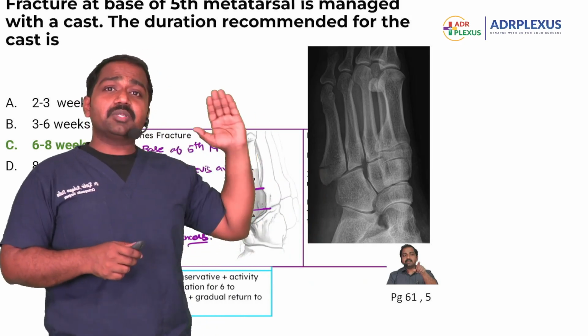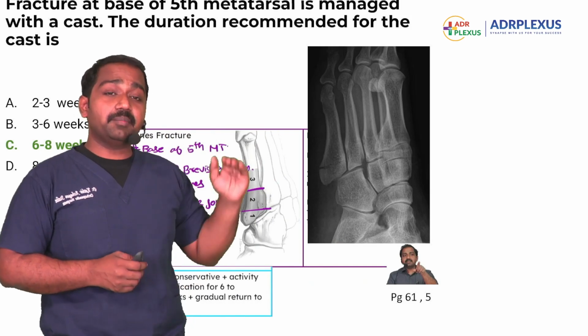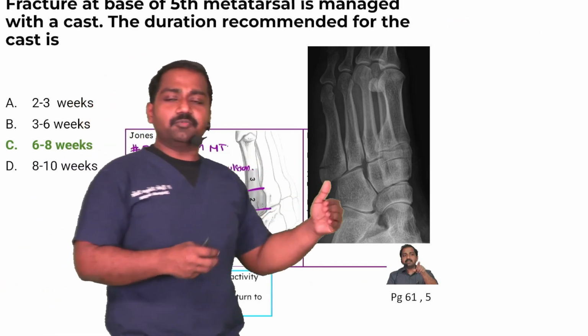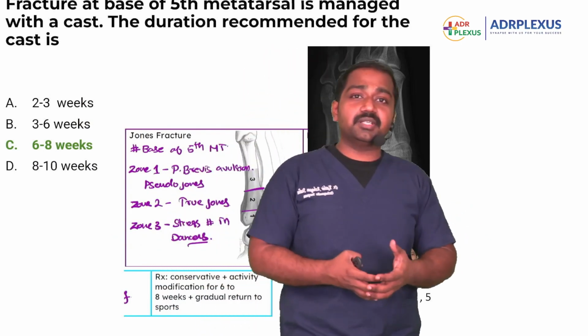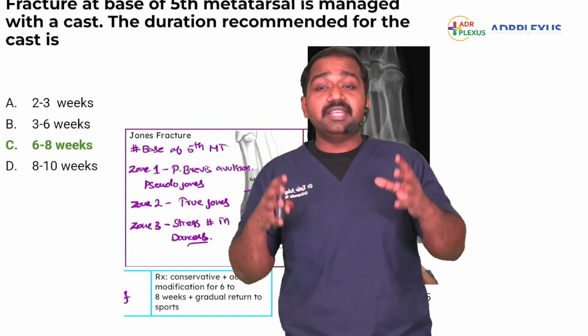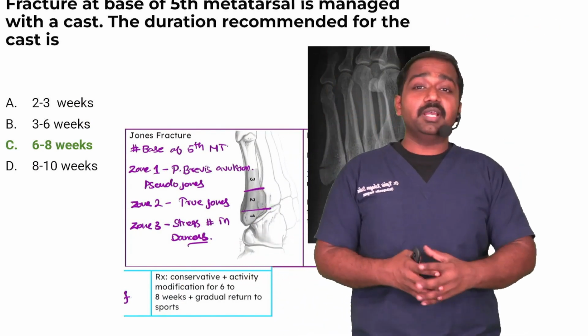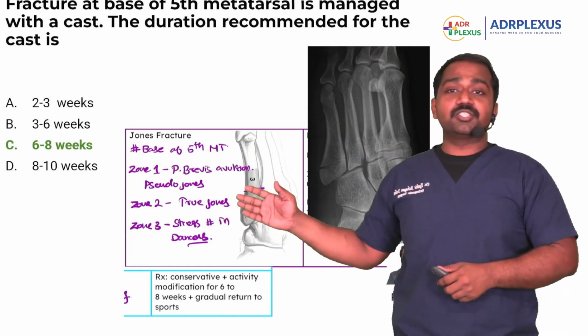But while I was discussing the stress fracture and the management, I mentioned this word whenever there is, for example, a Jones fracture, stress fracture, a March fracture, stress fracture. So all these kinds of fractures in the metatarsals need a period of immobilization. How long? The answer is actually 6 to 8 weeks.